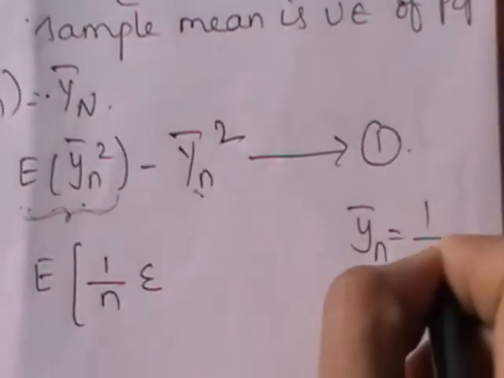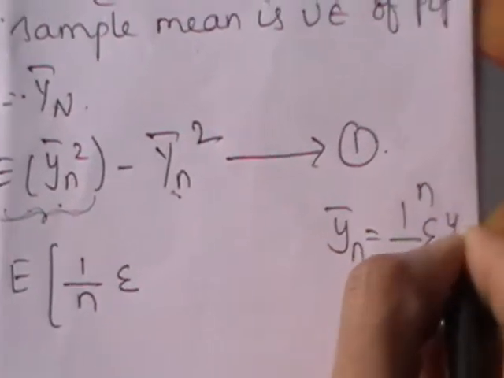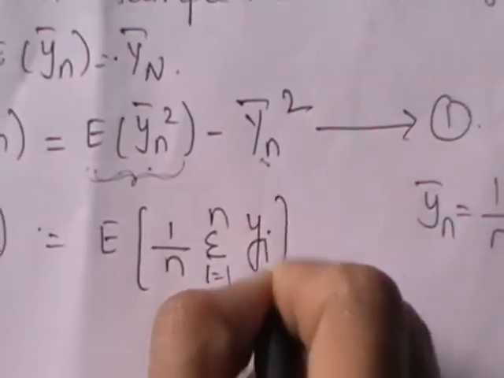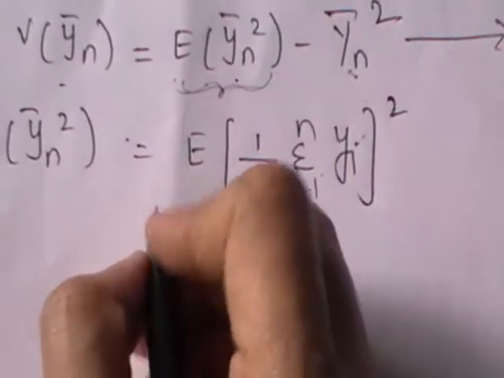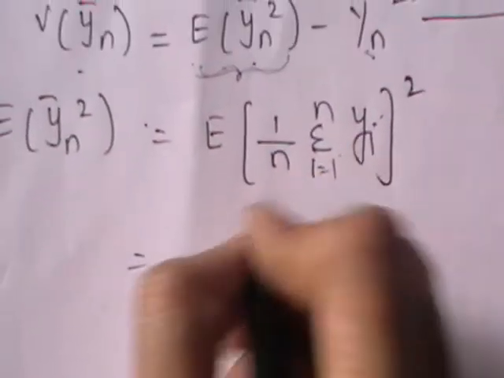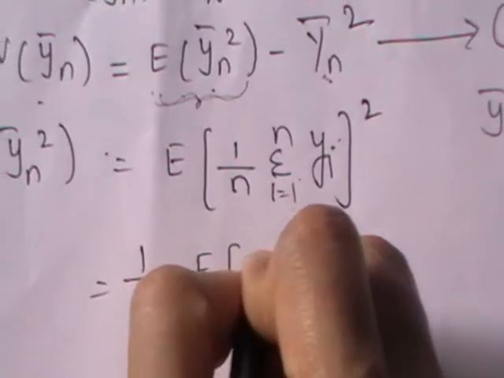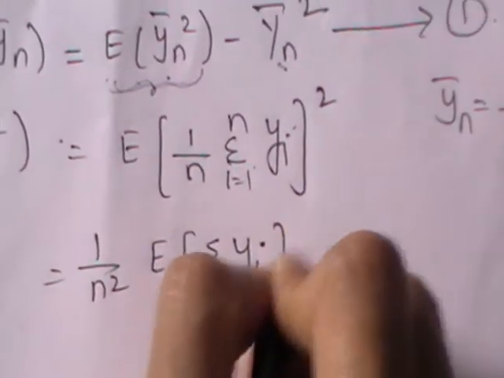Sample mean is 1 by n sigma i equal to 1 to n yi. The square applies to both 1 by n and the sigma, so you will get 1 by n square expectation of sigma yi whole square.